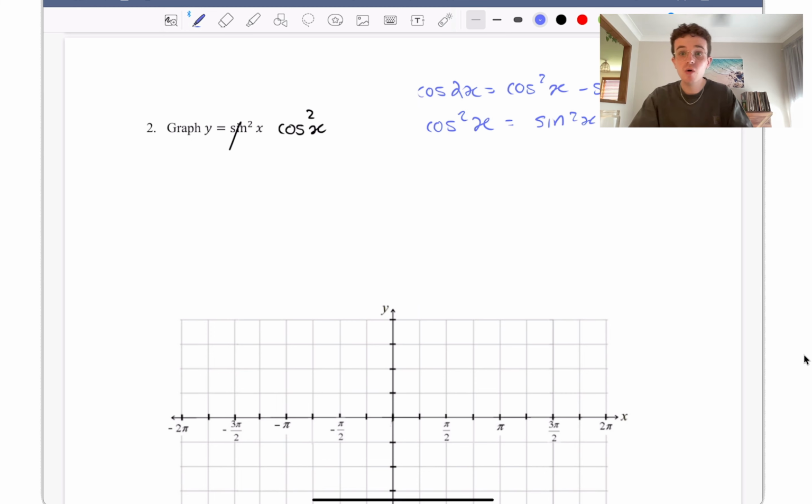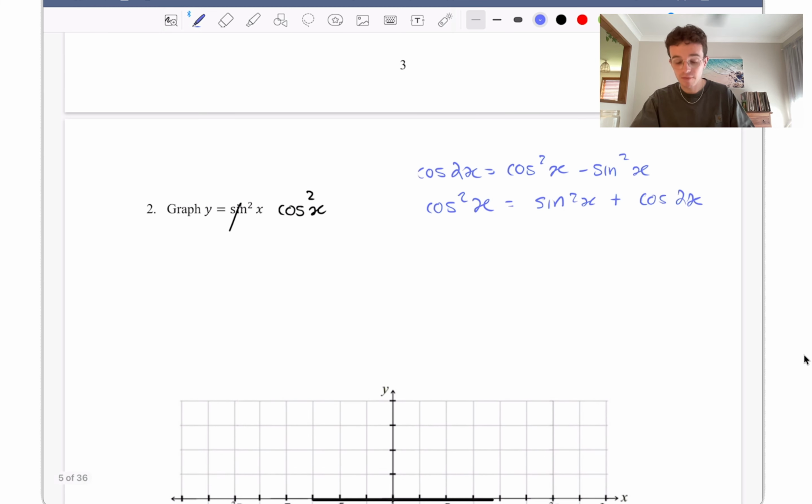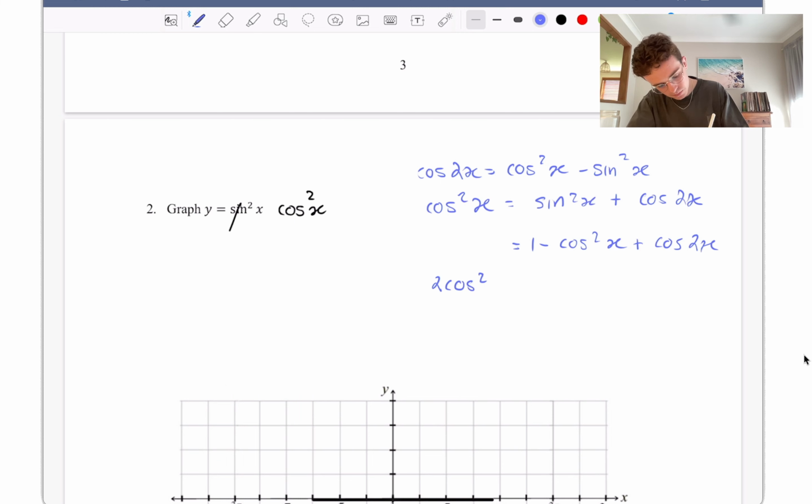And then we're going to recall from our advanced knowledge that sine squared of x is 1 minus cos squared of x. And then of course we plus the cos squared x to the other side and get 2 cos squared of x is equal to 1, and this time it's plus cos of 2x, which means that cos squared of x is simply going to be, dividing by 2, a half plus half cos of 2x.